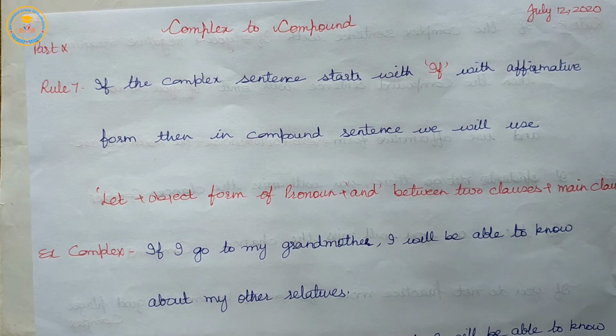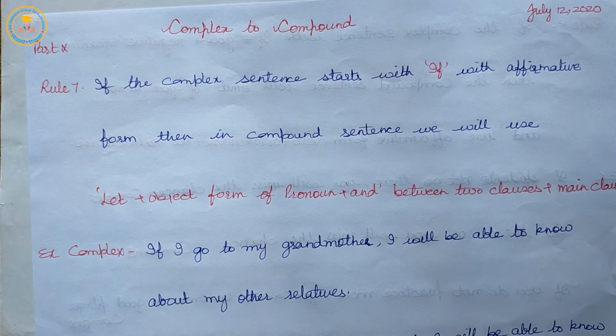So if the complex sentence has lest or should, then while transforming it into a compound sentence, we will use or otherwise to connect the different clauses, and future tense will be used in the second clause.